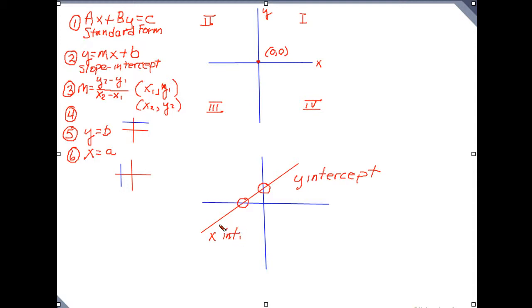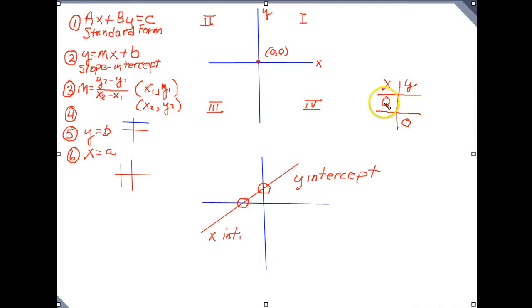Now, one of the techniques I like to present to the students is when you are going to graph, and let's say it's in standard form, you make a special t-chart and you put a 0 in this spot under the x and in this spot under the y.